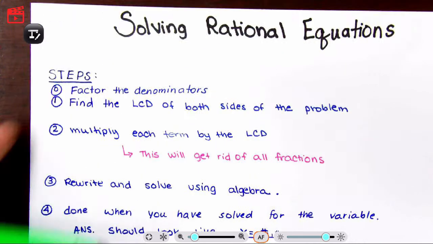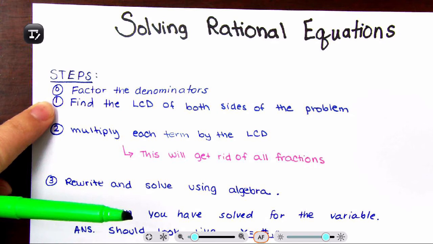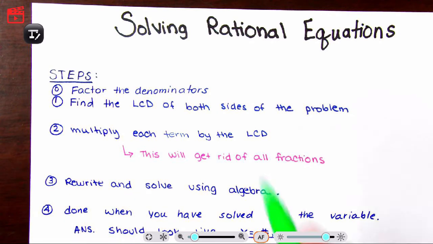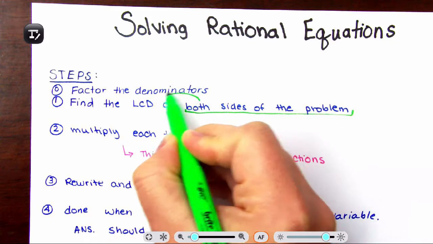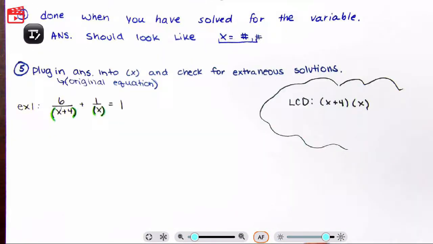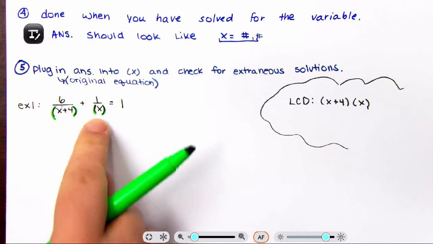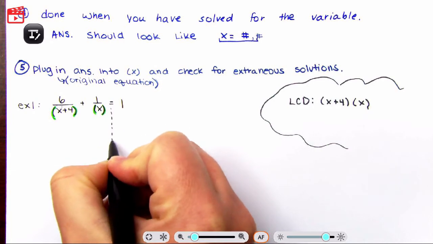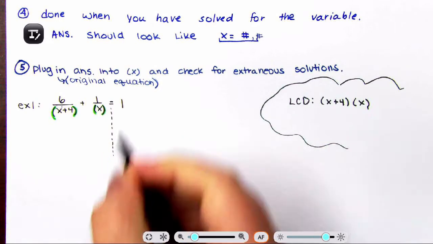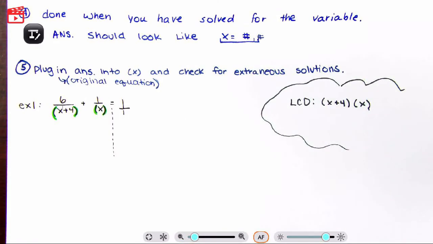So for step 0, we are factoring the denominator. Step number 1, we are finding the LCD of both sides of the problem. What I mean by both sides of the problem is using both sides of the equation to find the LCD. When we're solving an equation, you would actually have a fraction on the right side, but in this case, it's just 1 over 1.